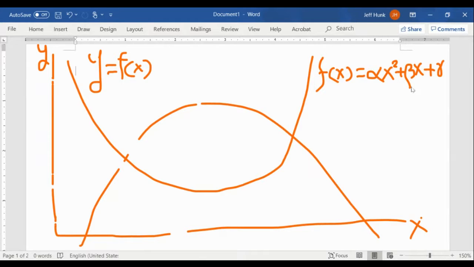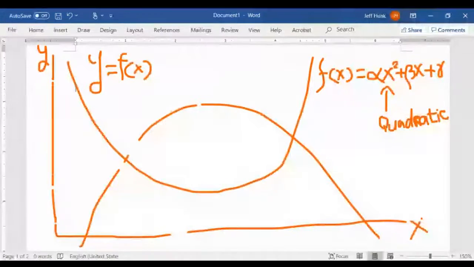That is second order, quadratic. Depending on the algebraic sign of alpha, if it is positive, the curve will be pointing downward. If it is negative, the curve will be pointing upward.